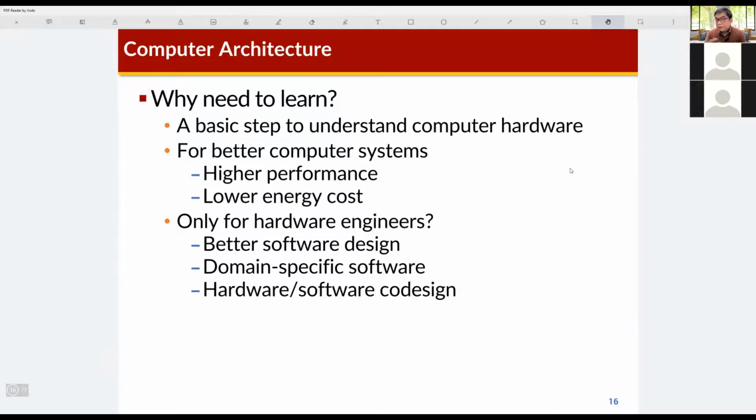So as a software engineer, you need to understand how to use this specific hardware or specific processors. For example, if you want to make GPU code, I believe some of you have heard about CUDA programming or OpenCL. CUDA and OpenCL are required to run code on the GPU.